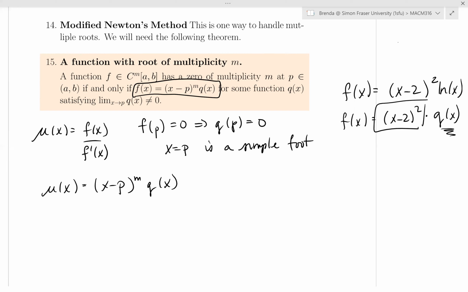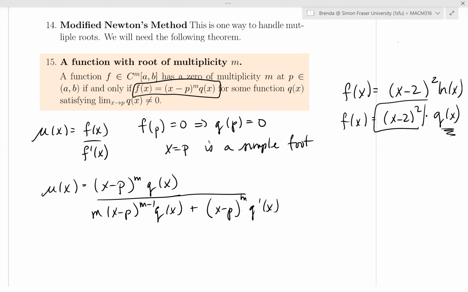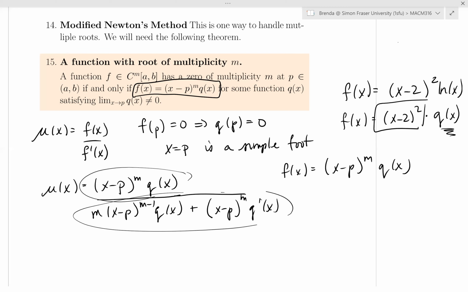Then mu of x is f of x divided by f prime of x. Now I'm taking the derivative of f of x. I get m times x minus p to the m minus 1 times q of x, plus x minus p to the m times q prime of x. I'm using the theorem to say that f of x can be written by factoring out its root. I substituted that in for f of x, then took the derivative, f prime of x, and put that there.